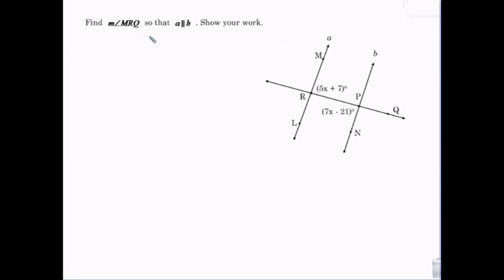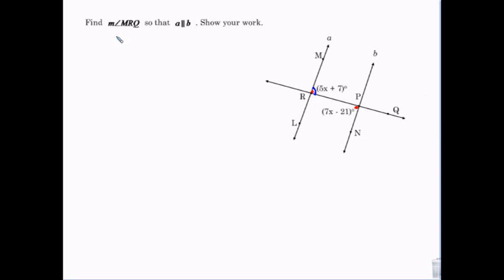Okay, so we want to find the angle of M, R, and Q. So we want to find this angle measure right here, so that A and B would be parallel. We have this angle and this angle are congruent because of alternate interior angles, right?